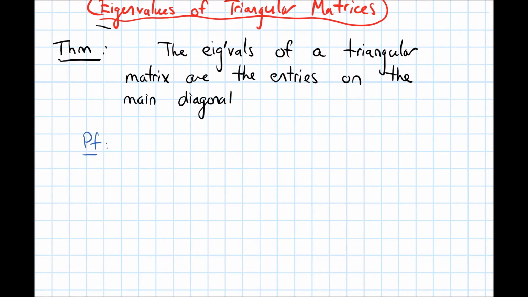In the proof that I'm going to give, I'm going to assume that A is upper triangular, but it'll turn out that a really similar argument will work when it's lower triangular. If A is upper triangular, it'll look something like the following. It'll have some diagonal entries, A11, A22, up until the last diagonal entry, which I'll call ANN.